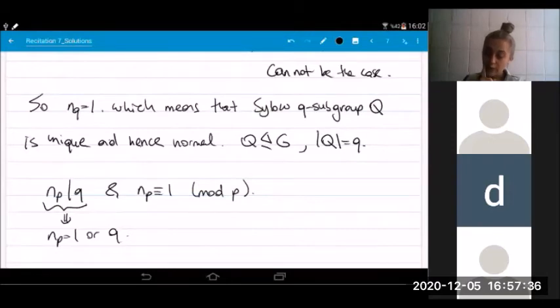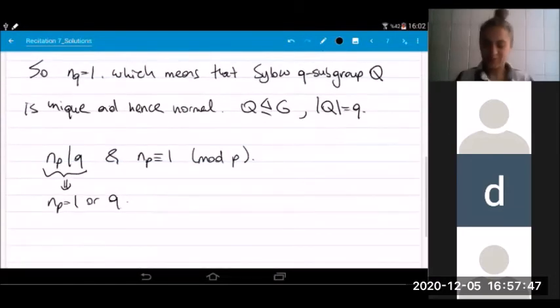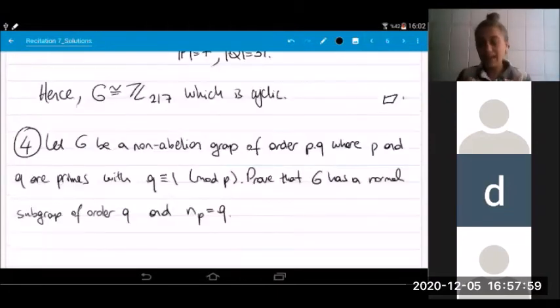Why does it have to be Q? We are going to use the condition that I had forgotten, given in the beginning of the question, which says that G is a non-abelian group.